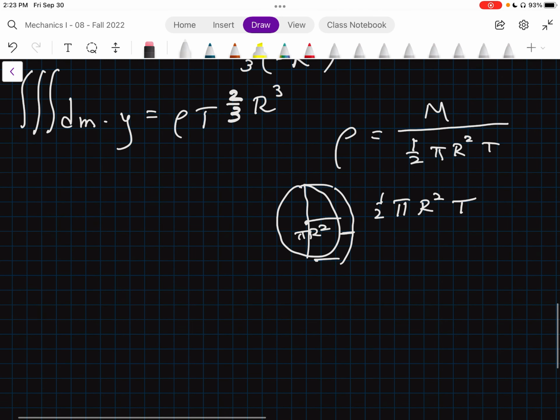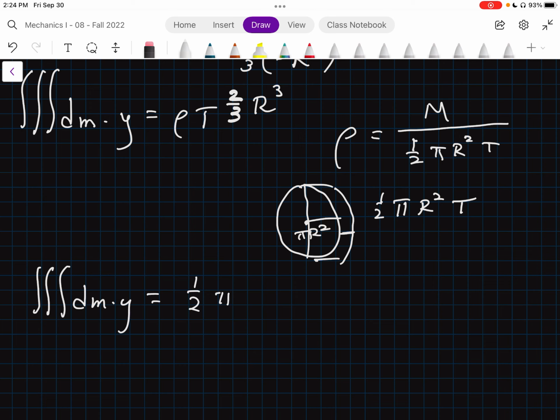Okay, and now I plug in rho into my y coordinate for the center of mass. For rho, I have the mass divided by 1/2 pi r squared times the thickness t.